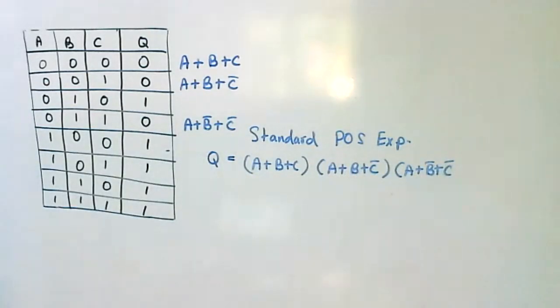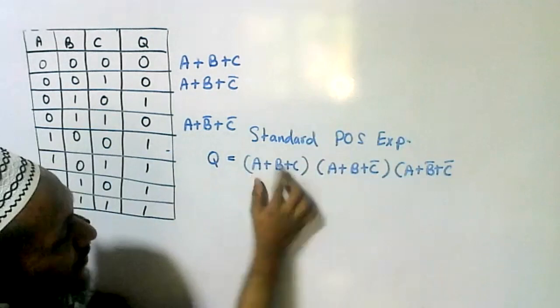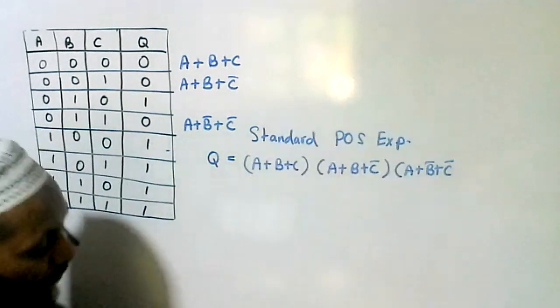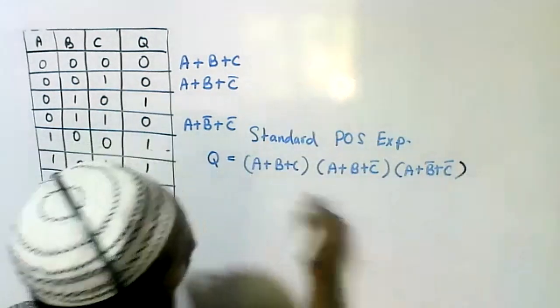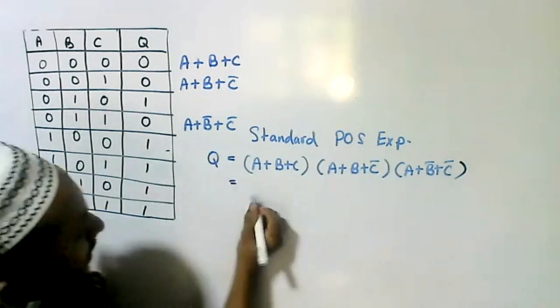This is called the standard POS expression because in each and every maxterm all the variables are there, in normal form or complemented form. That is called the standard POS expression, or canonical POS expression. Now we are going to simplify it.